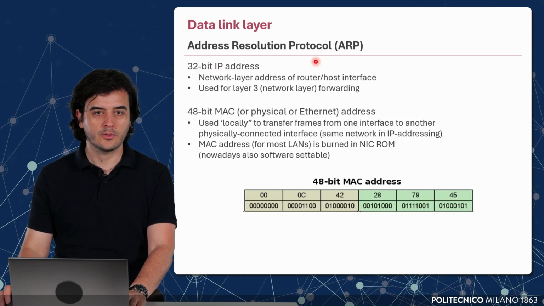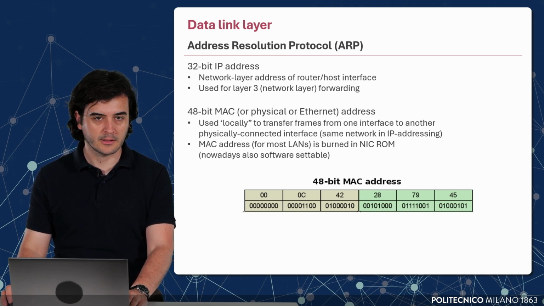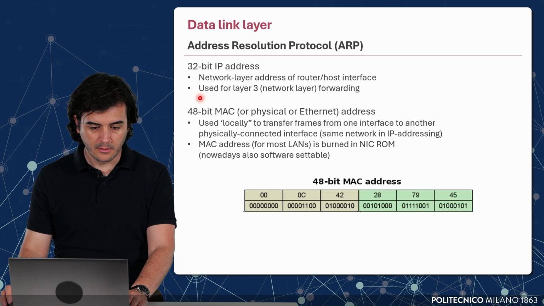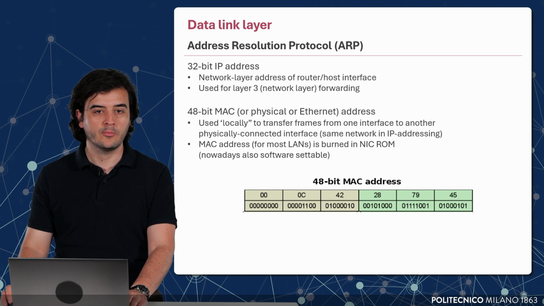Address resolution protocol is one of the most important protocols when we talk about the data link layer. We have learned about the IP addresses in the network layer, which are 32-bit addresses. We have also learned about the 48-bit MAC addresses, which correspond to the data link layer.